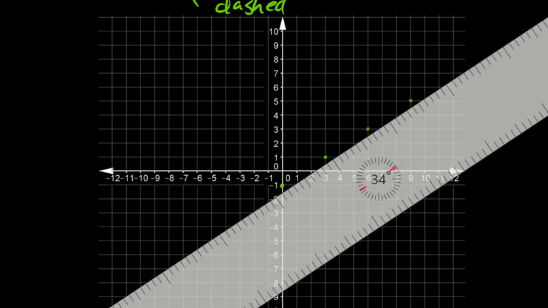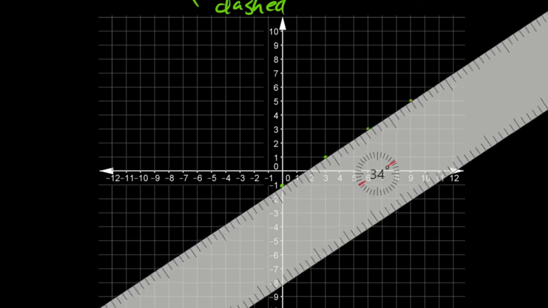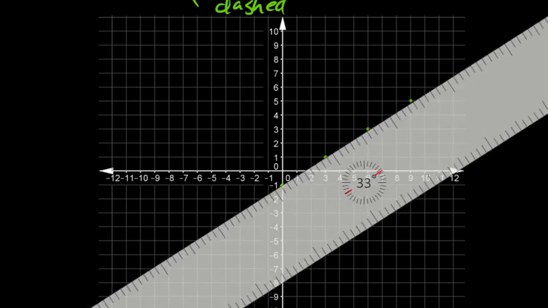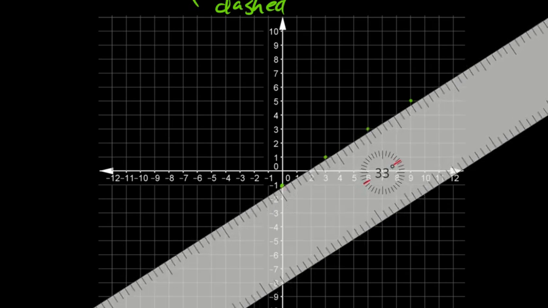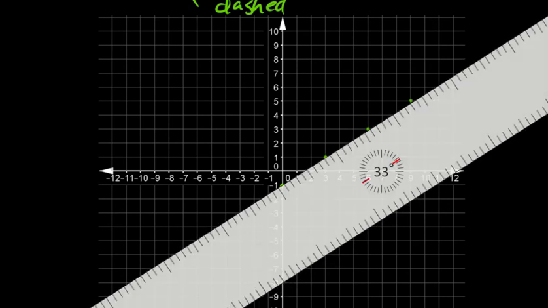I'm going to line up the ruler as best I can. And then once I've got that lined up, instead of drawing the solid line this time, I'm going to draw a dashed line that meets it. So I'm just going dash, dash, dash, dash, dash. And the difference is that points on this boundary will not make the inequality true, because we're not talking about things being equal.